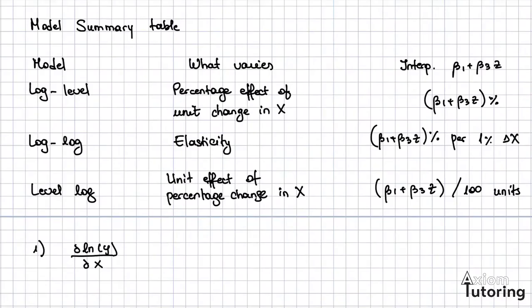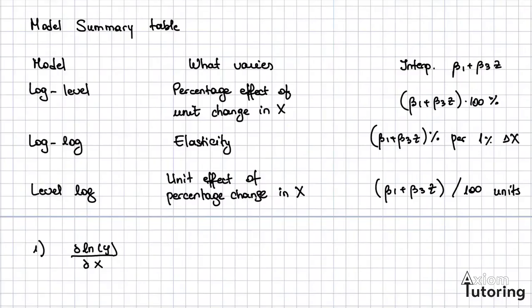The percentage effect of a unit change in x varies with z, and this is also the most common starting point for applied researchers who log their dependent variable. I'll just make a little adjustment in here, as it seems I have forgotten the times 100 for the percentage.